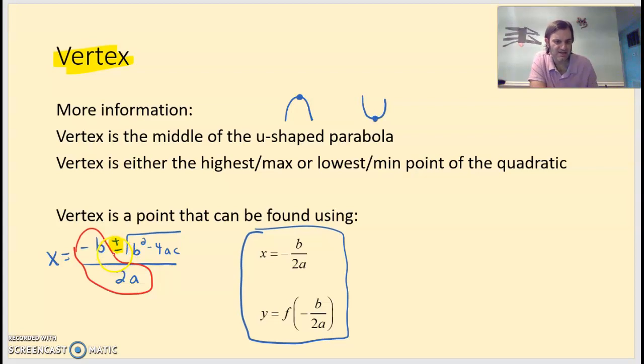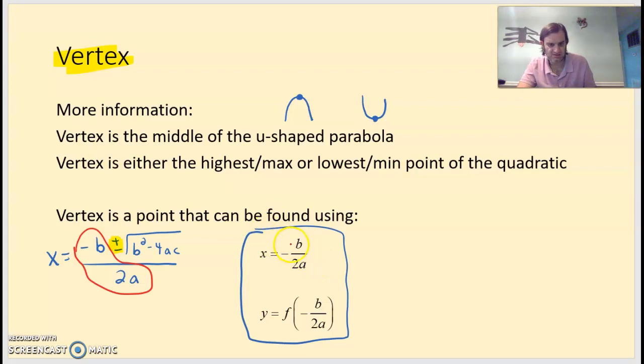And if that is the middle, we can verify that because we're adding this square root to it to move off that middle to the right. We're subtracting the same amount to move off that center point to the left to get the two x-intercepts. So we can find that vertex using this negative b over 2a formula. And in that case, we can plug that negative b over 2a into the function to get the y.